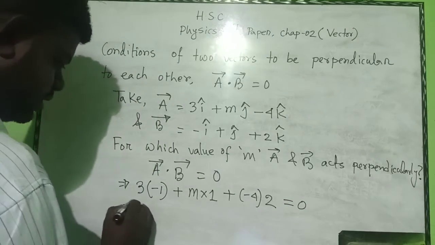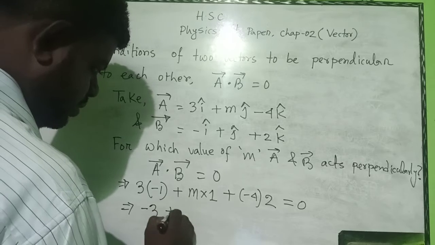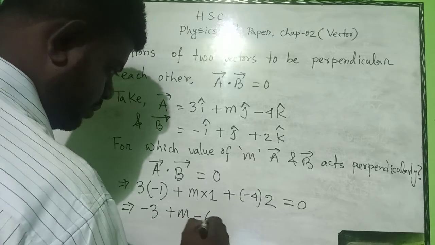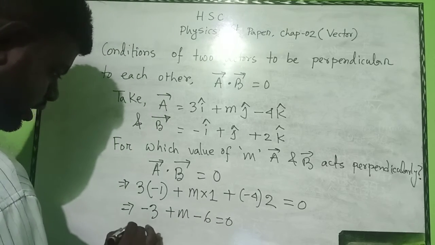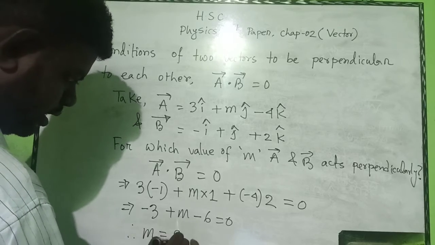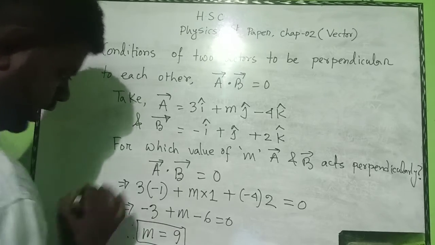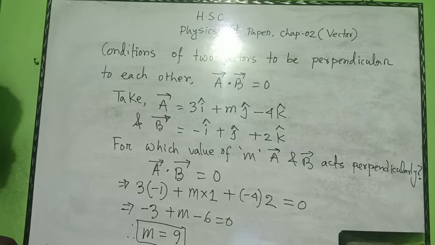So what I get? Minus 3 plus m minus 6 equals 0. That means I get m equals 9. So I can say for the value of m equals 9, these two vectors A and B act perpendicular to each other.